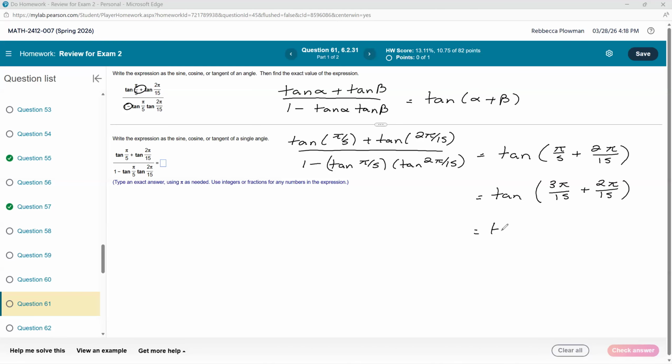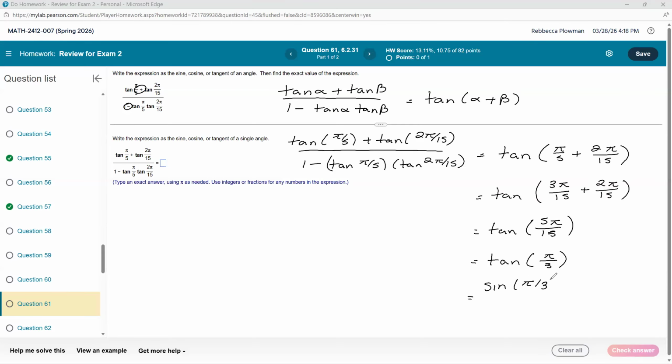So we have tangent of 5 pi over 15, which is not on my unit circle, but if I simplify that, I have tangent of pi over 3, which is on my unit circle. All right, so remember that when you have tangent, you're going to have sine over cosine.